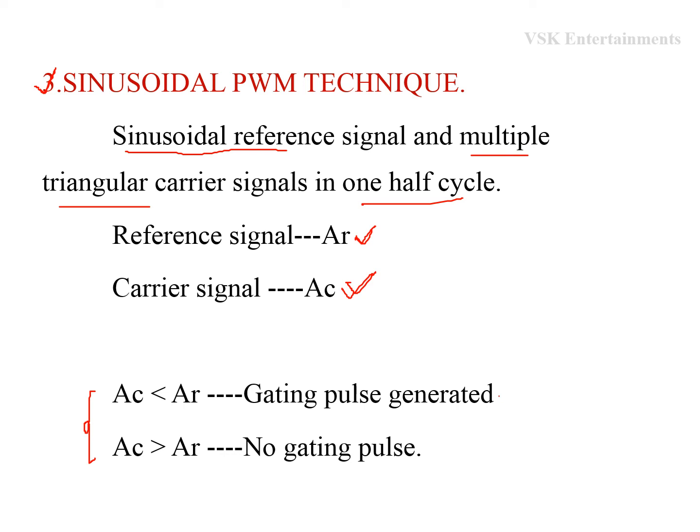In this, the gating pulse is going to be generated whenever the magnitude of reference signal is greater than the magnitude of carrier signal. If the magnitude of carrier signal is greater than the magnitude of reference signal, we are not going to get any gating pulses. This condition for generating the gating pulses is exactly opposite to the generating of gating pulses in the previous two cases.